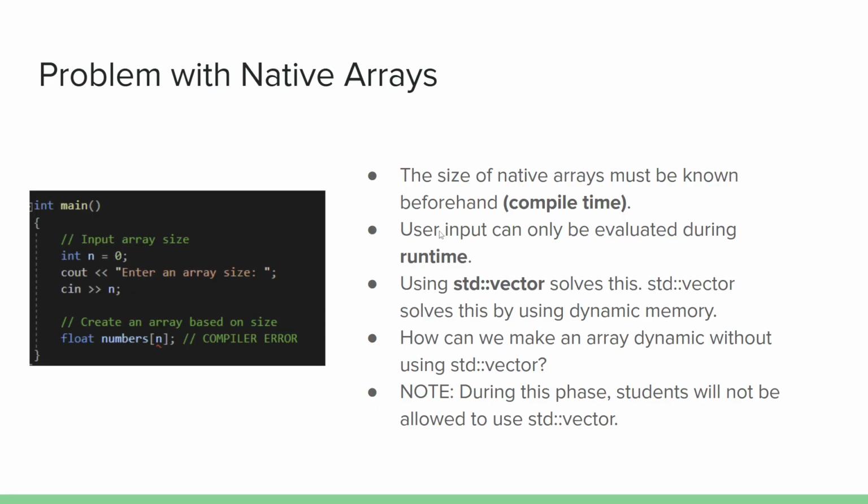So one way to solve this is through std vectors. With std vector, we're able to create dynamic arrays. We can pop or push back in the vector during runtime. So how can you make an array dynamic without using vectors?